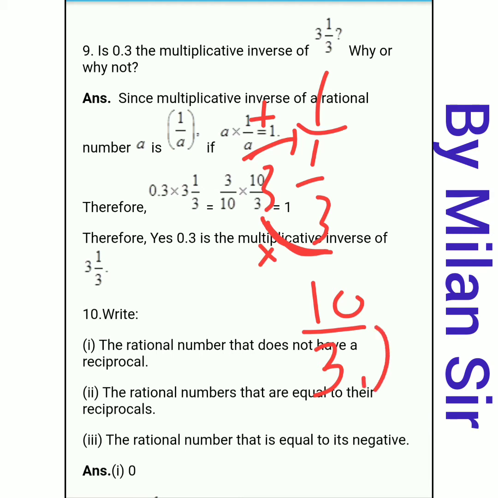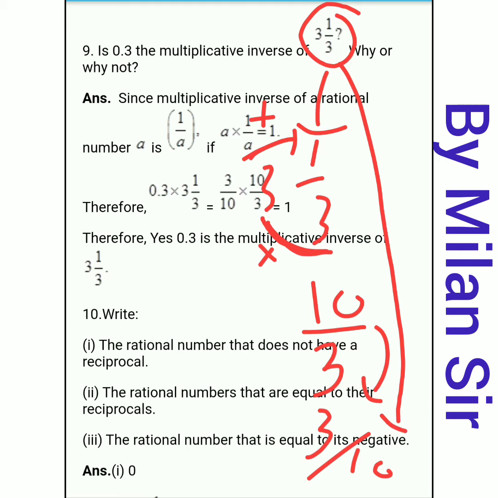Now find the multiplicative inverse of 10 by 3. We need to change the numerator and denominator, so 3 upon 10: 3 goes to the numerator and 10 goes to the denominator. So the multiplicative inverse of 3 integer 1 by 3 is 3 by 10. Now 3 by 10, we can write like this, 0.3, because in the denominator 10 is present, so we need to put the decimal point before the 1 digit.